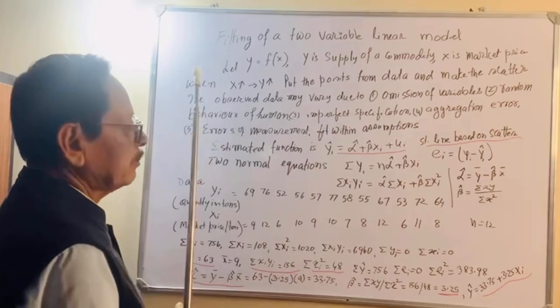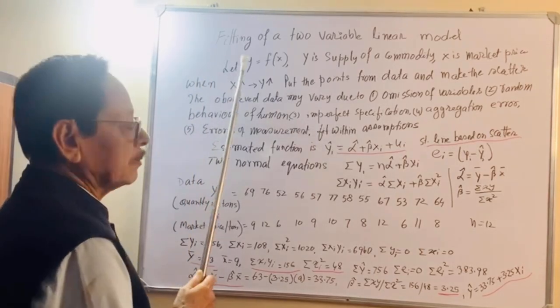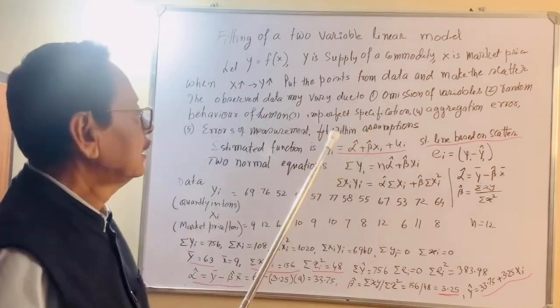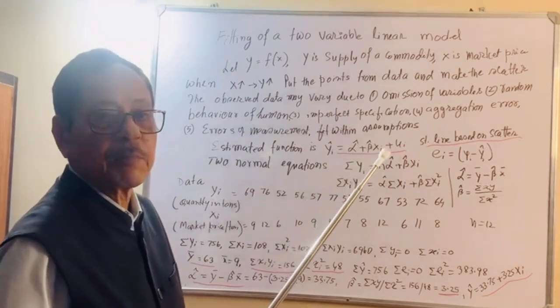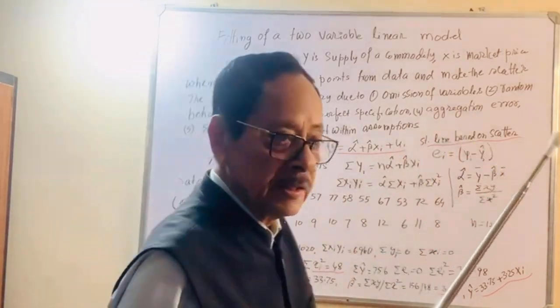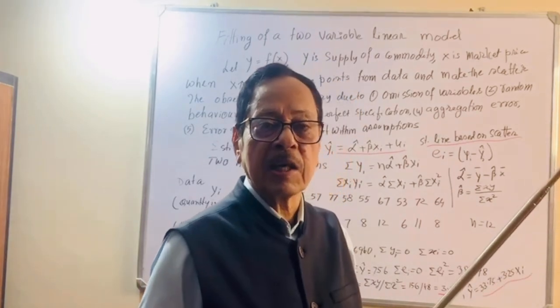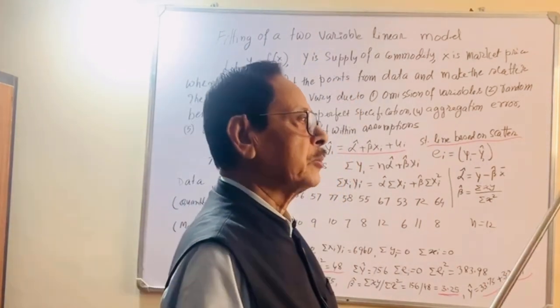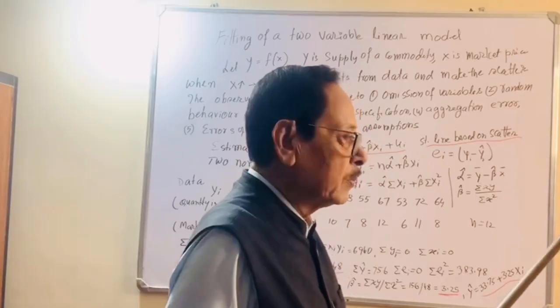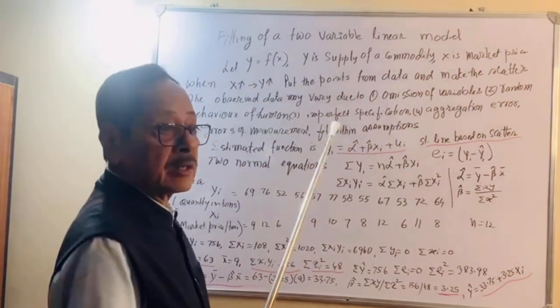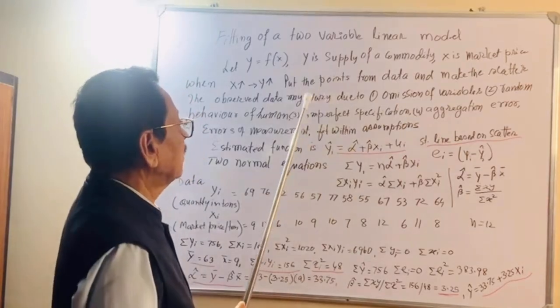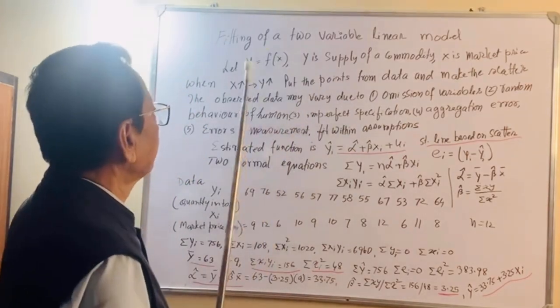So we observe in the market that when market price increases, this leads to an increase in supply. This is a common character in the market, that when price is high, supply will also be higher. Producers will bring more of the commodities to the market, and vice versa.